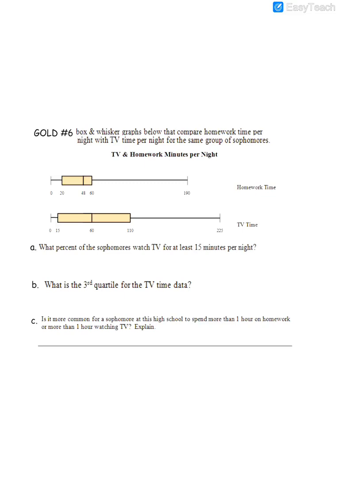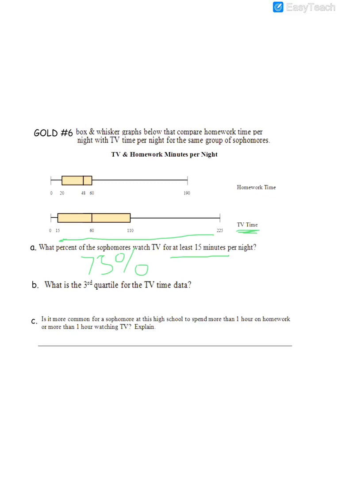What percent of the sophomores watch TV for at least 15 minutes? So I need to look at the TV time, and I'm looking at least 15 minutes. So 15 starts here, and then we have anything higher than 15. So if I look here, at least 15 is 25, 25, 25, which is 75% of them.